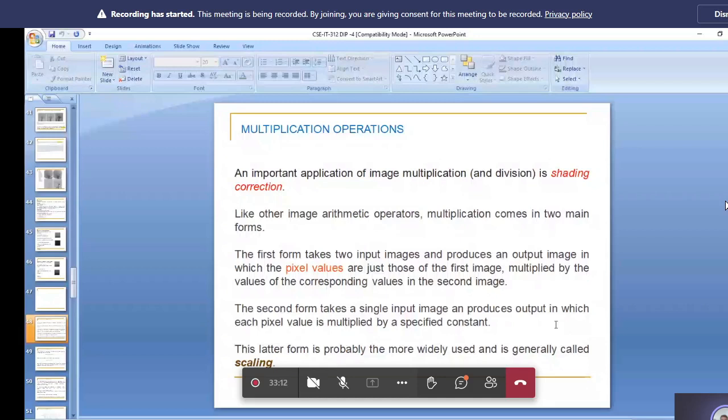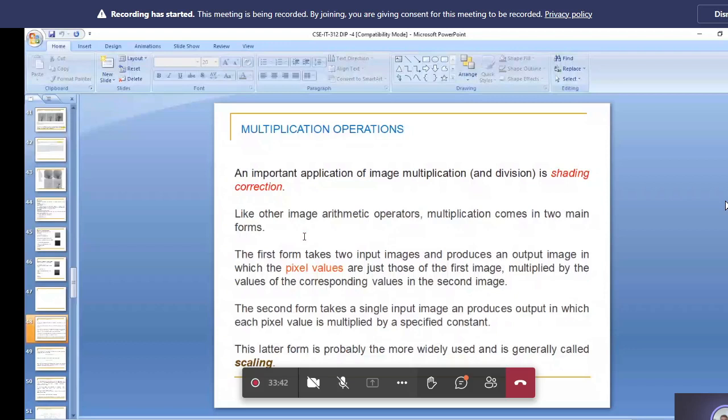The first form takes two input images and produces an output image in which the pixel values are those of the first image multiplied by the corresponding values in the second image. The second form takes a single input image and produces output in which each pixel value is multiplied by a specific constant. The latter form is probably the more widely used and is generally called scaling.